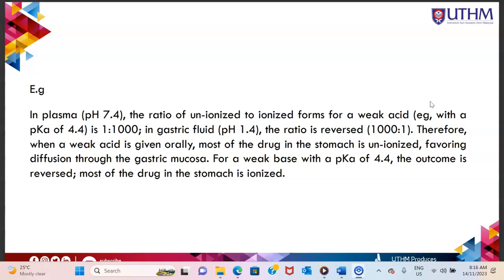In other words, if you want it to be consumed orally, we will design it with the weak acid nature. However, if the drug has this weak base nature, oral administration is not suitable. Probably we have to administer it through injection.